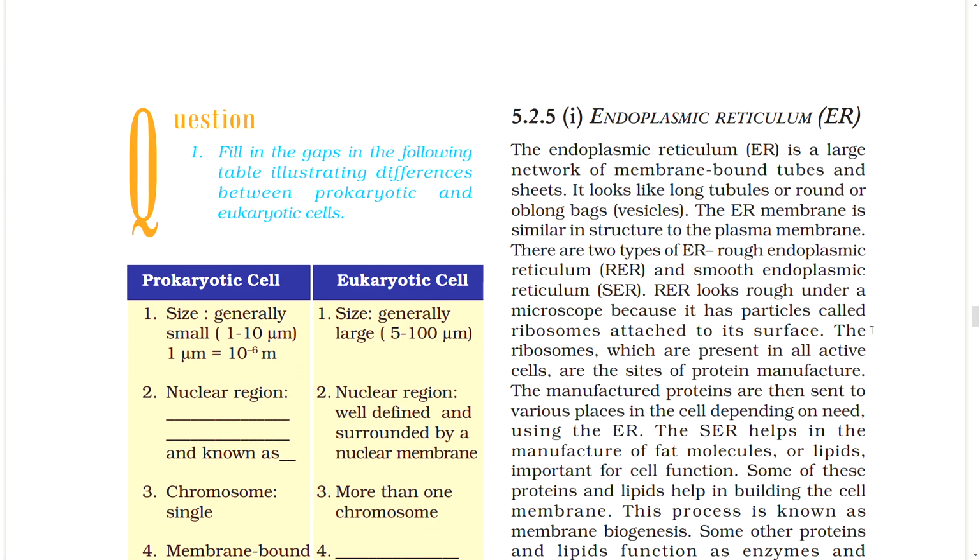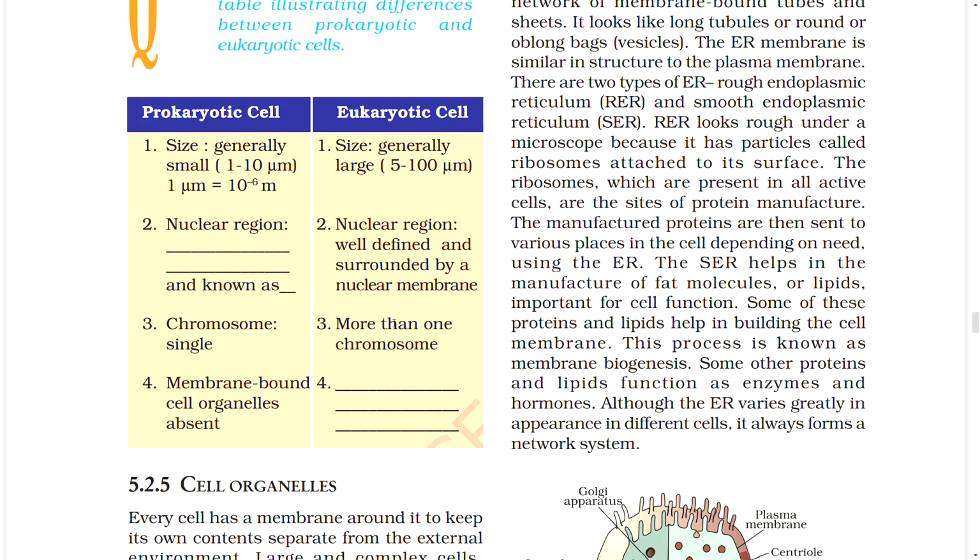Questions. 1. Comment. Prokaryotic cell, eukaryotic cell. 1. Size generally small, 1 to 10 micrometer; 1 micrometer equals 10 to the power minus 6 meter. Size generally large, 5 to 100 micrometer. 2.